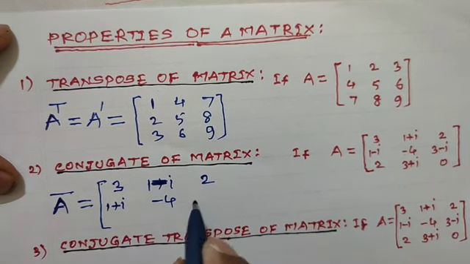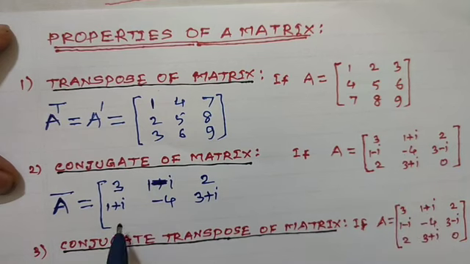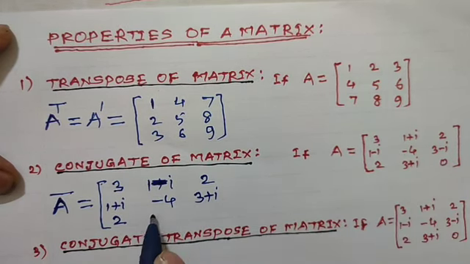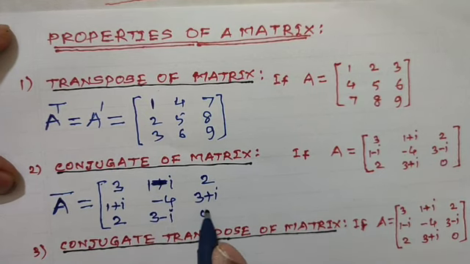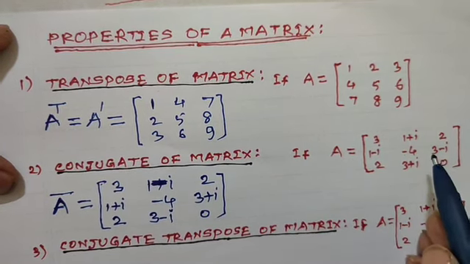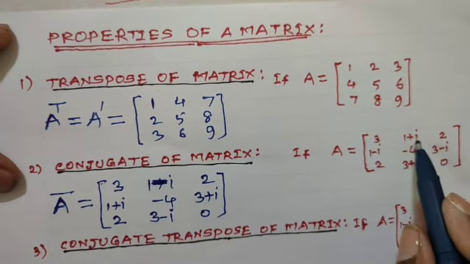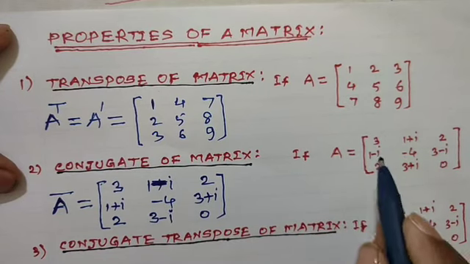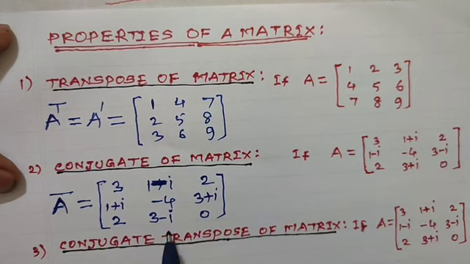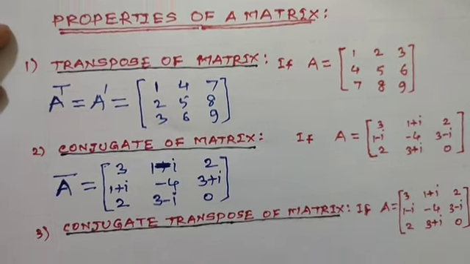And 3 minus i has conjugate 3 plus i. Then 2 is a real number, as it is. 3 plus i has conjugate 3 minus i. Then this 0, a real number, stays as it is. This is the conjugate of this matrix, changing the sign of i only: plus i becomes minus i, minus i becomes plus i. This is the conjugate of the given matrix.